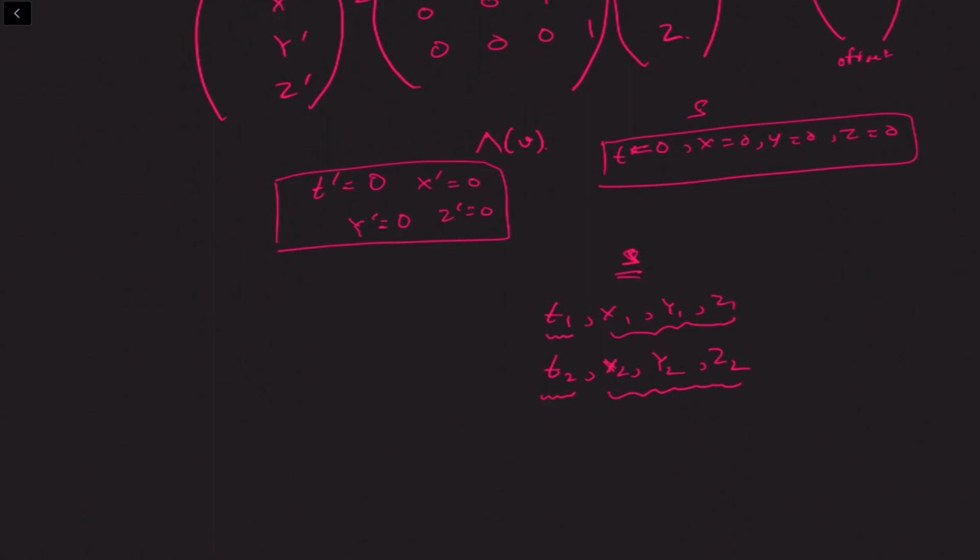And these points are measured in the reference frame S. Now, observer S prime has a different description of that same space-time point. So let's suppose that they describe point 1 by the coordinates t1 prime, x1 prime, y1 prime, z1 prime, and t2 prime, x2 prime, y2 prime, z2 prime to describe the second space-time point. So there is only one physical point in space, but there are different descriptions of this physical point depending on which observer you're talking about.